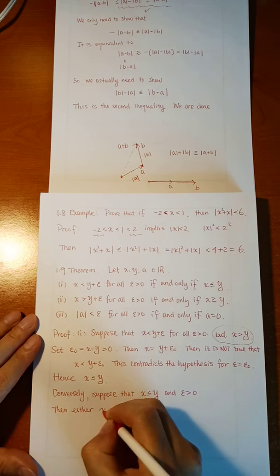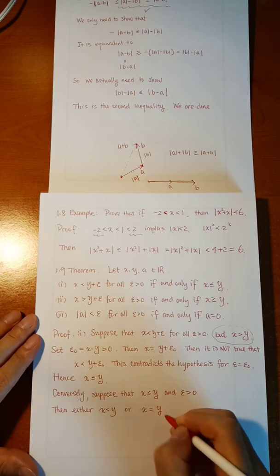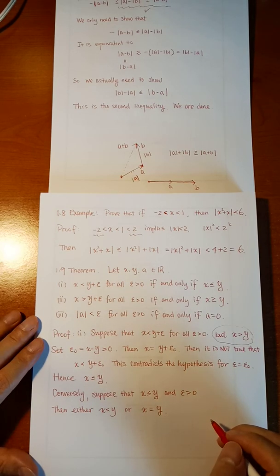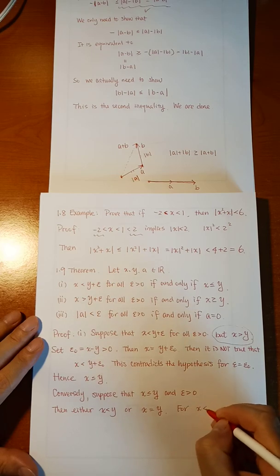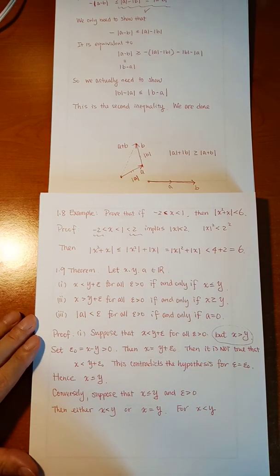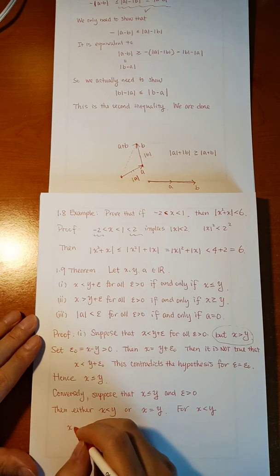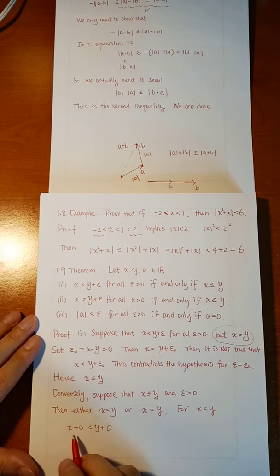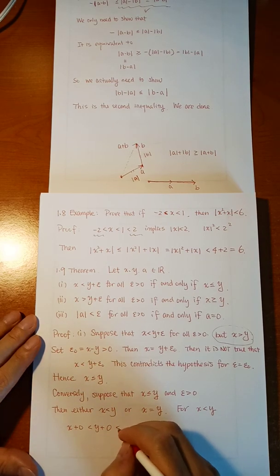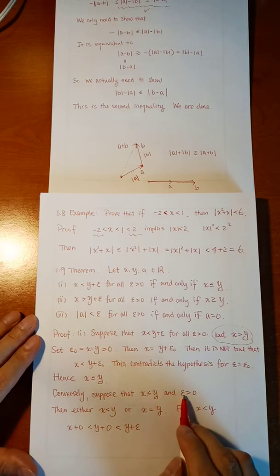Either x is less than y or x is equal to y. For x less than y, we use the following chain. You see, x plus 0 is less than y plus 0, adding the same thing. And 0 is less than epsilon because of this.